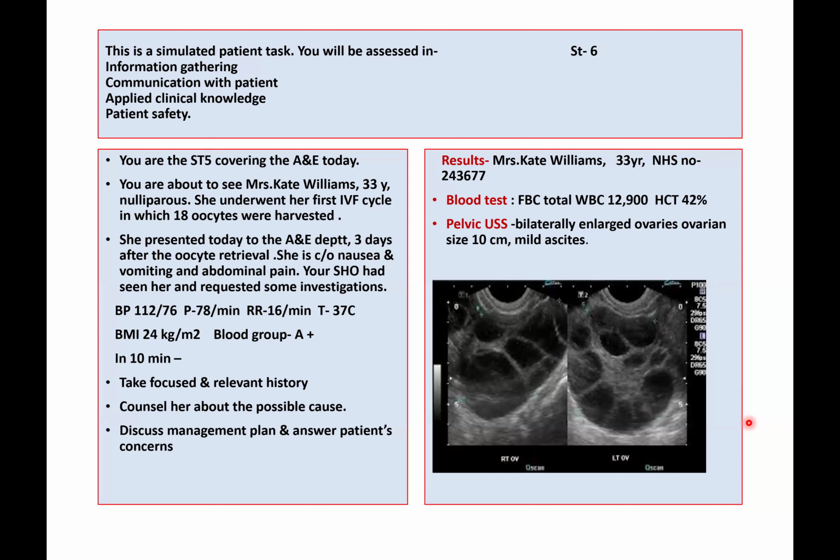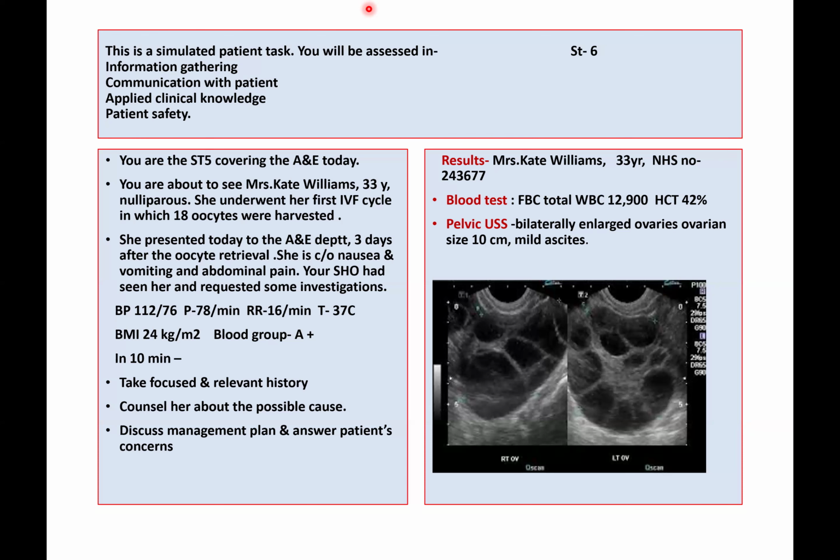Some women, if they receive the drugs that stimulate the ovaries to form the eggs and release the eggs after the injection, sometimes the ovaries become enlarged and form fluid-filled spaces, and they release chemicals into the blood. These chemicals cause the escape of fluid from the blood vessels into the tummy, around the heart, and in the lungs.